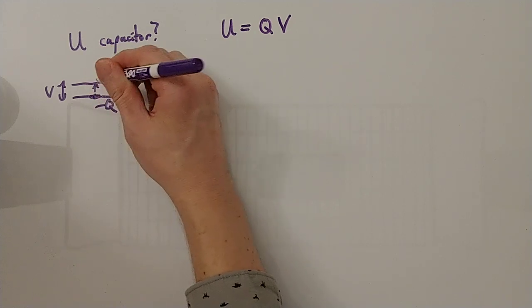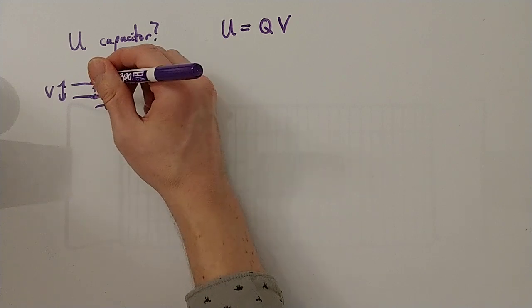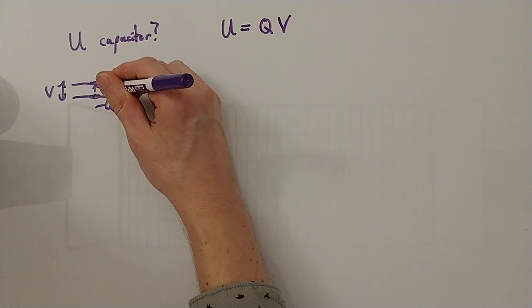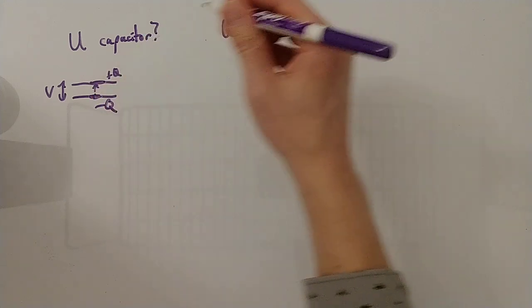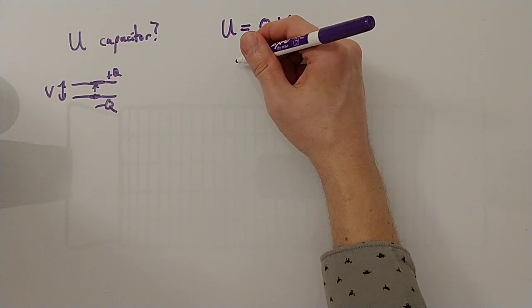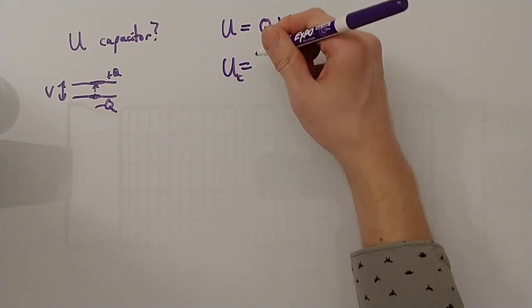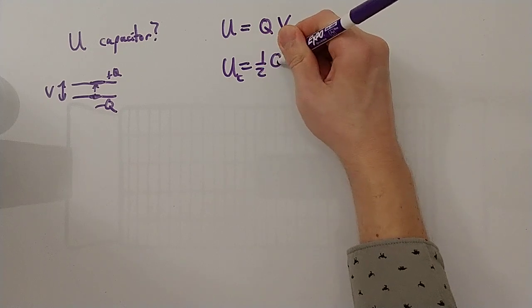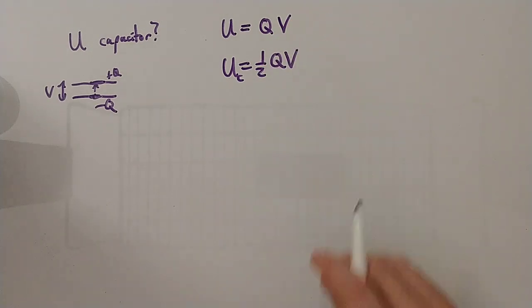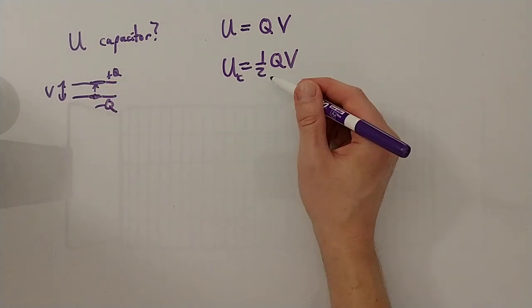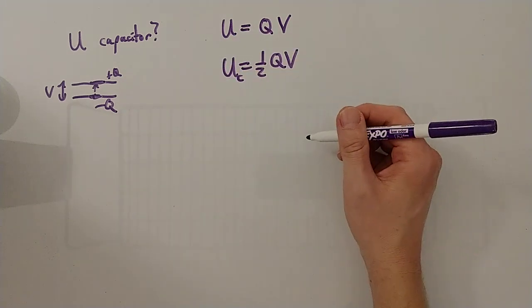If down here you're at zero and up here you're at V, what matters for the potential in a capacitor is the average value, which would be half of V. And so the formal formula for U in a capacitor is U equals 1/2 times Q times V, because the average potential in the middle of the capacitor is what's relevant for the total potential energy stored on that capacitor.